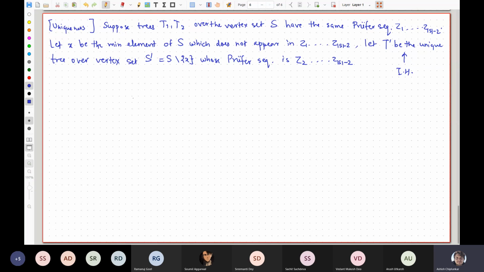Now we observe that all elements of S that don't appear in the Prufer sequence Z1 through Z size of S minus 2 are leaves of both T1 and T2.